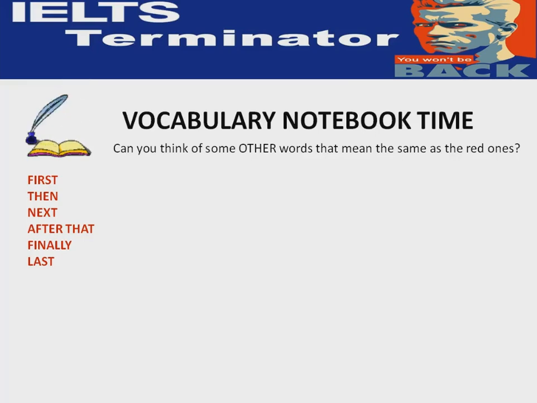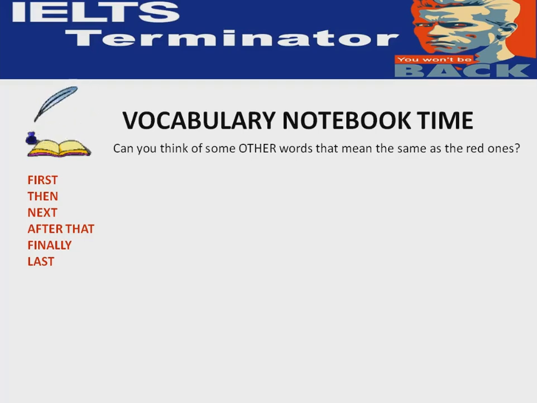Here's a hint when you're looking for these sorts of things. If you have Word on your computer, you can type one of these words, highlight it, then go to Review, look up thesaurus. It will give you alternative words to use for the same meaning.